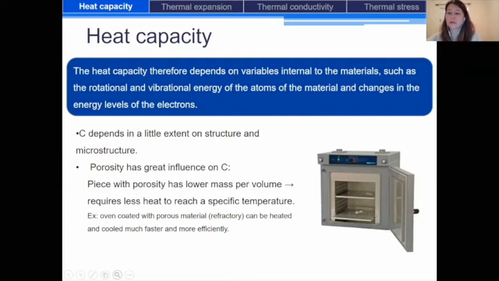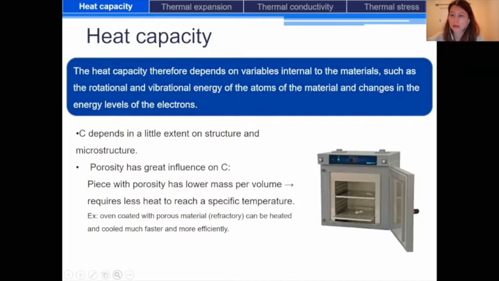If you look in the laboratory and open the oven, you will see that the internal part of the oven is coated with porous material. It is a porous ceramic.